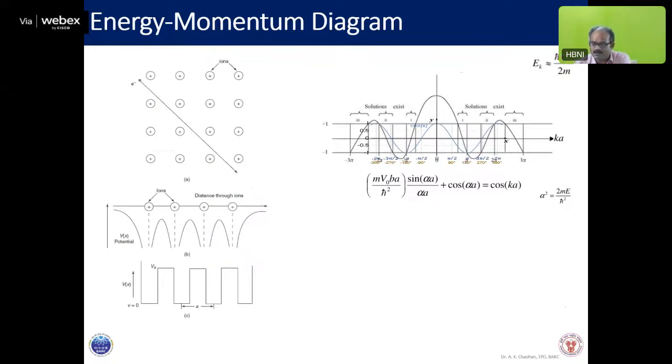This is the standard Kronig-Penney model, where solutions exist only when cos Ka, the right hand side, falls between +1 and -1. So the solution will exist only for this region, because here this value is between +1 and -1, and this value is also between these two.